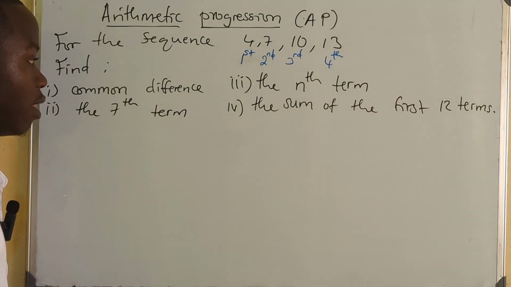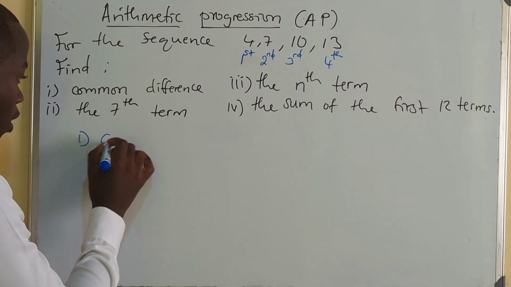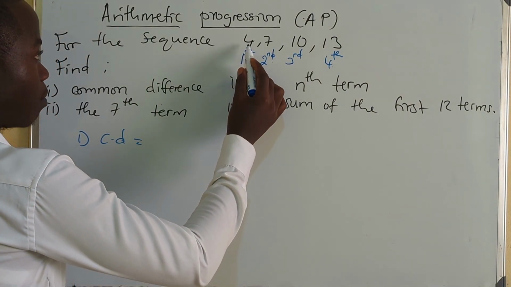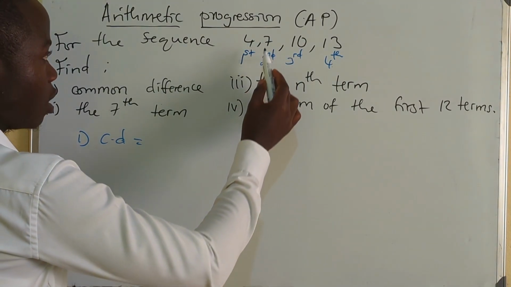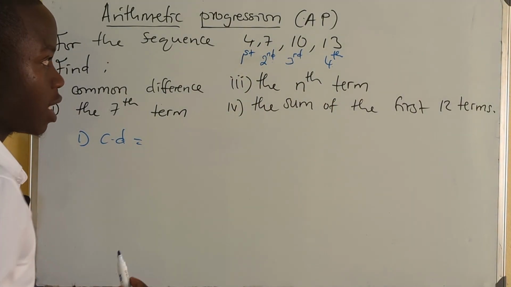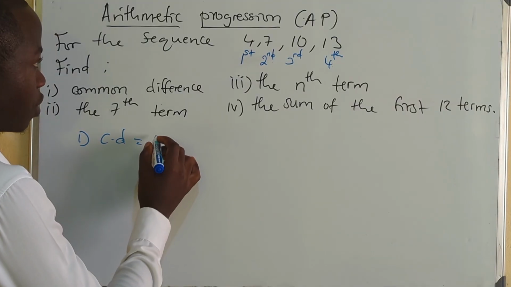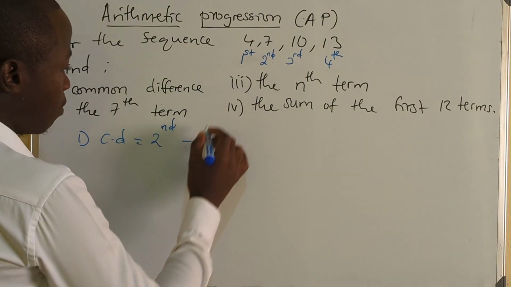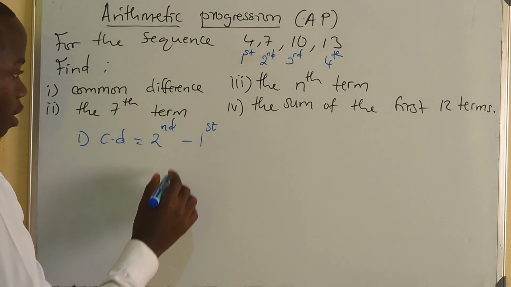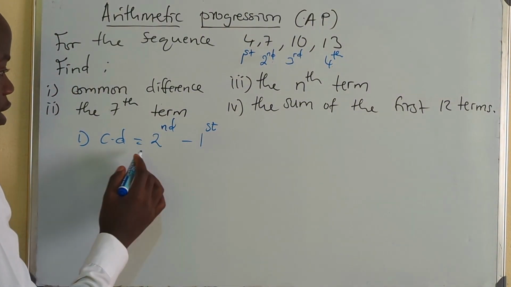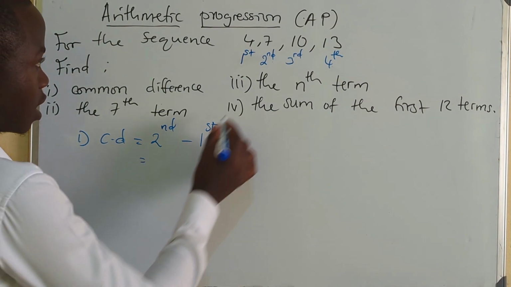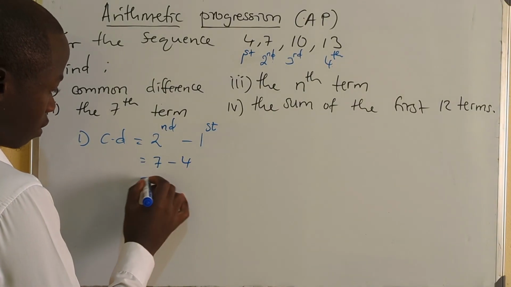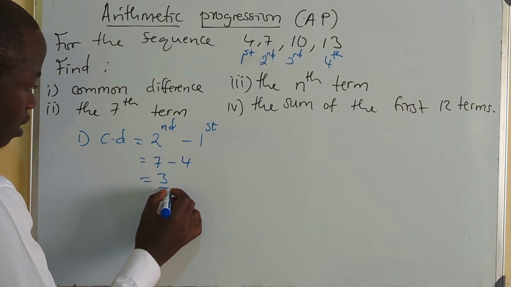Now when finding the common difference, we can subtract the first term from the second, or the second term from the third term. So we subtract the first term from the second term. Our second term is 7, our first term is 4. So 7 minus 4 gives us 3.